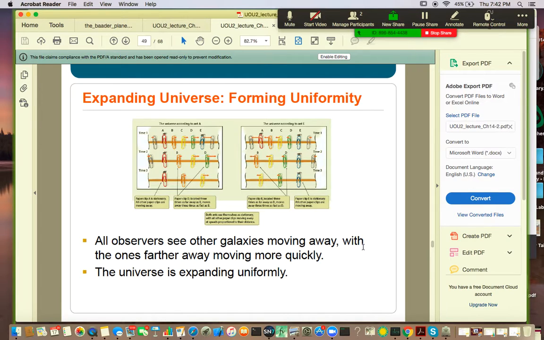This indicates that the receding velocity of galaxies is not the result of them flying through space away from us, but space itself is the entity that expands. As a result of the expansion, it takes galaxies along with it, and that's how we see them flying away from us.